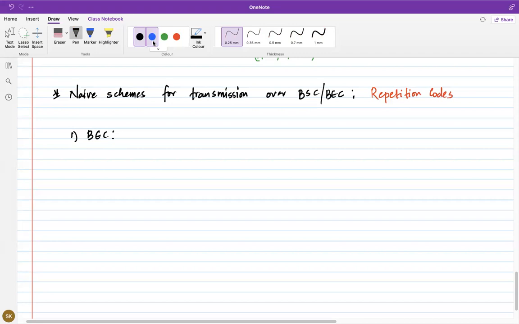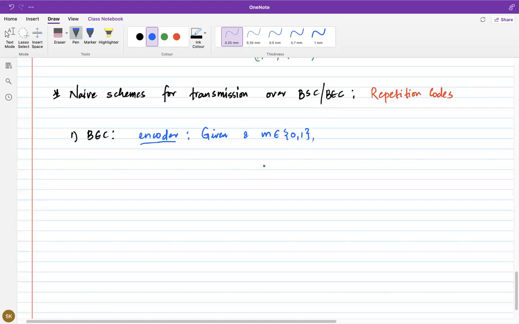So in repetition code, the encoder that we have is common for both BEC and BSC. So I'll write it for BEC, let's say. The encoder is simple. If you want to transmit the input M, the message, which is a single bit message, suppose you want to simply transmit just 0.